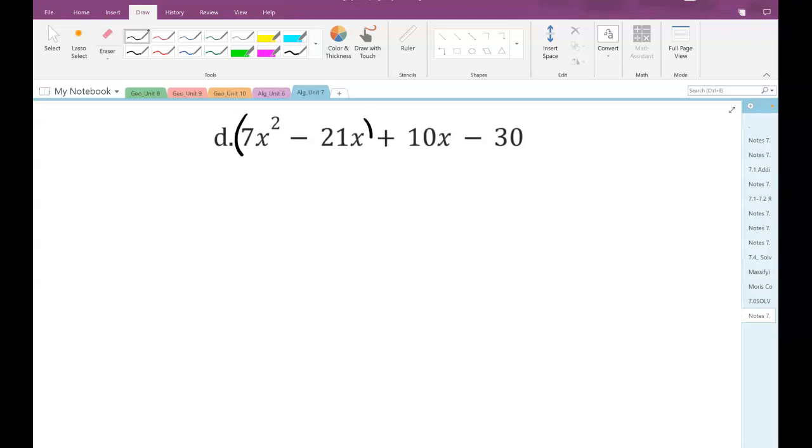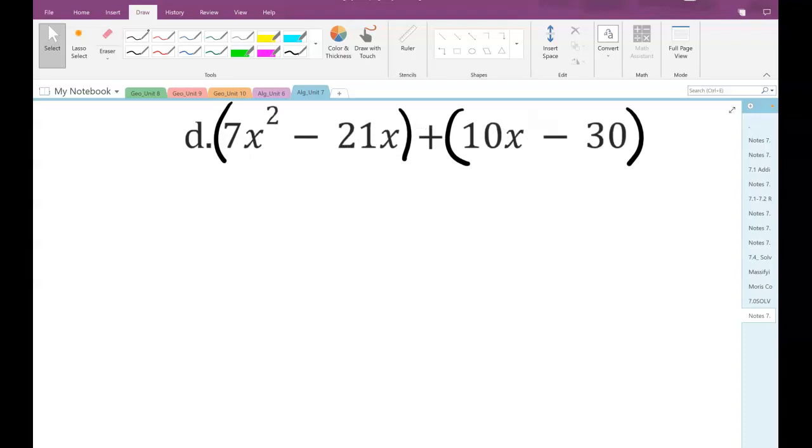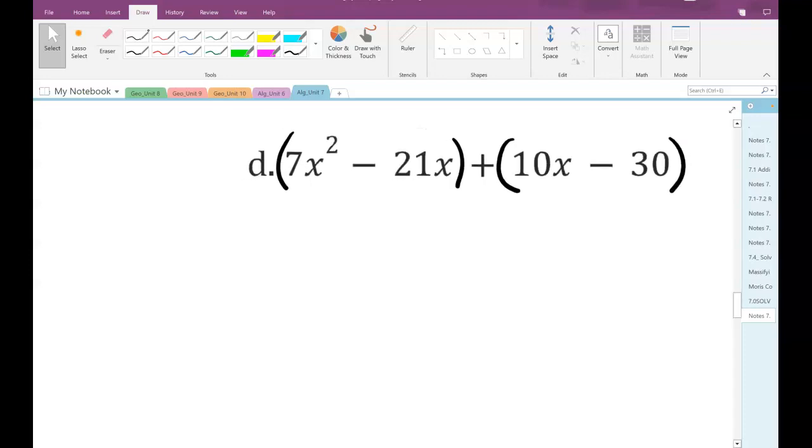So, I group my terms together. My greatest common factor between 7x squared and 21 is 7x. You can take a 7x out of both of these. And between 10 and 30, the factors of 10 are 1, 2, 5, and 10, like I said earlier.